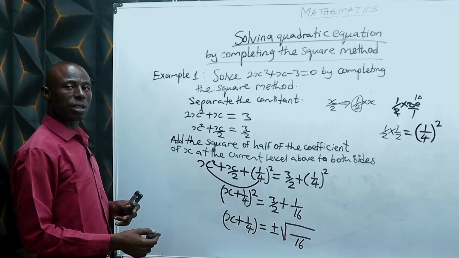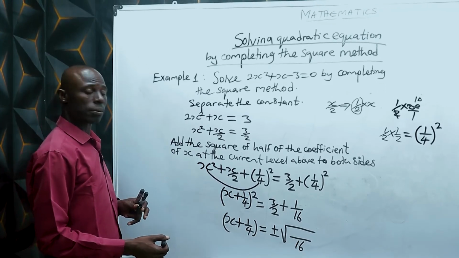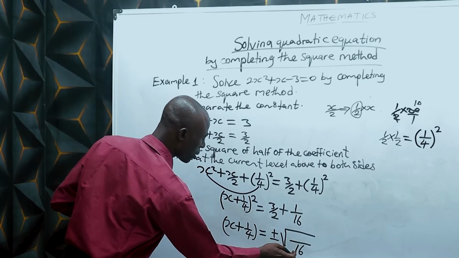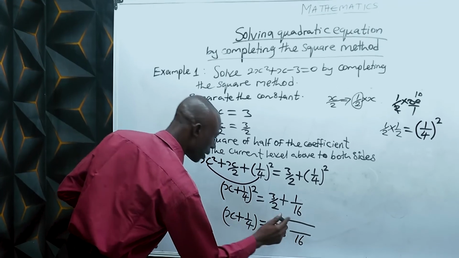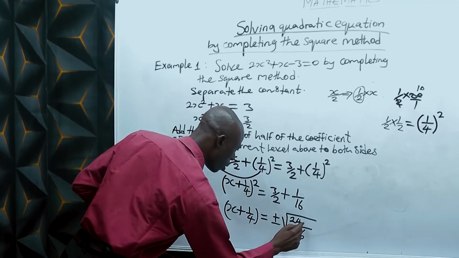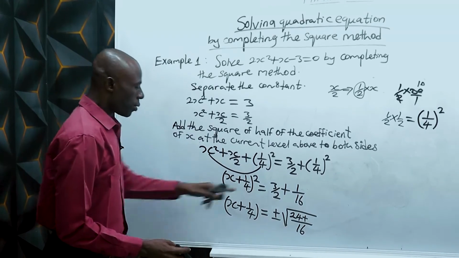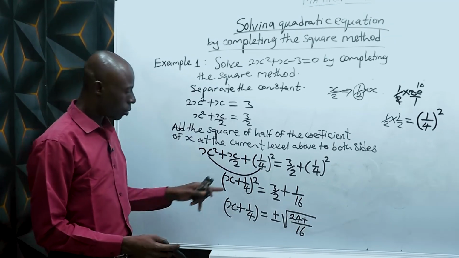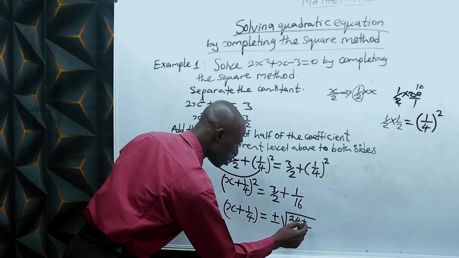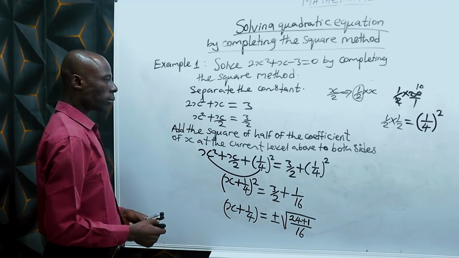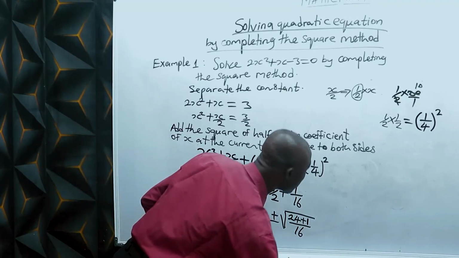LCM of 2 and 16 is 16. 2 in 16, that's 8. 8 times 3 gives 24. Plus 16 in 16, 1. 1 times 1, 1.